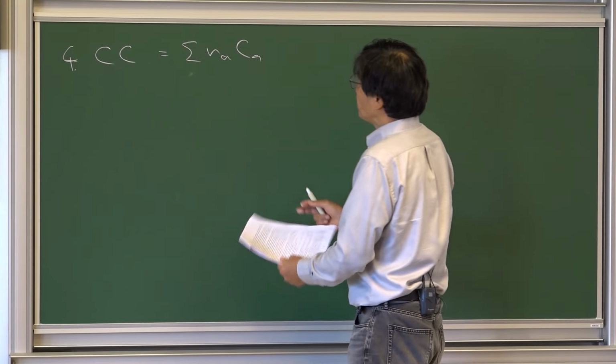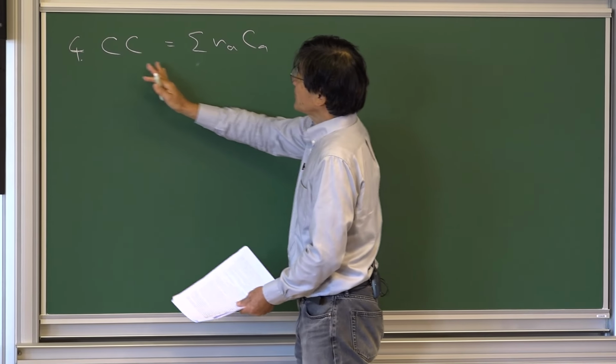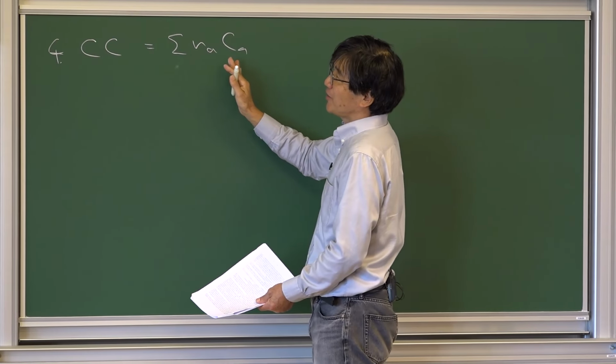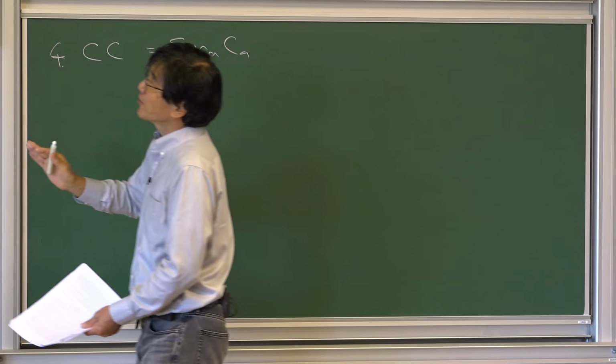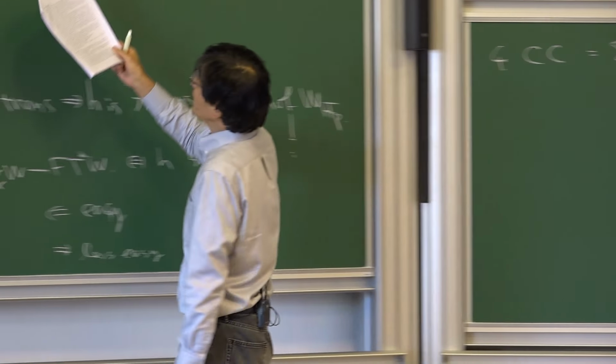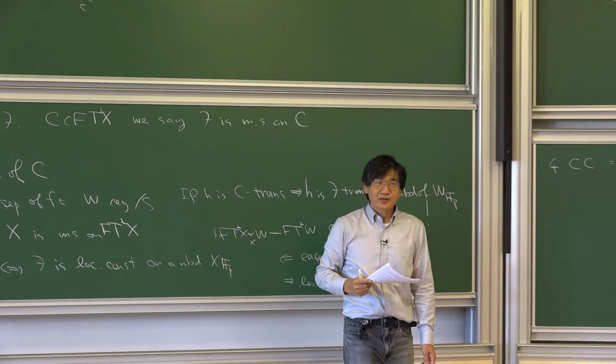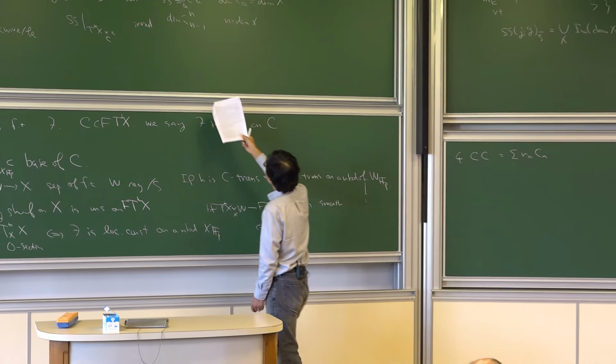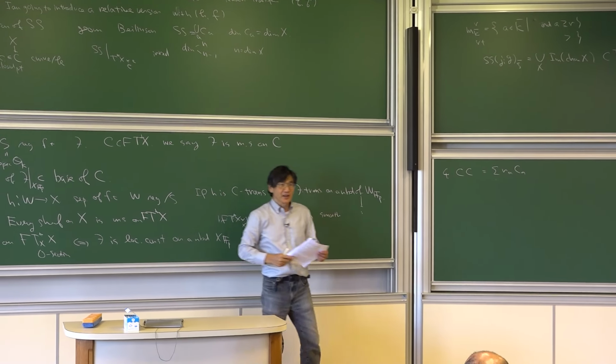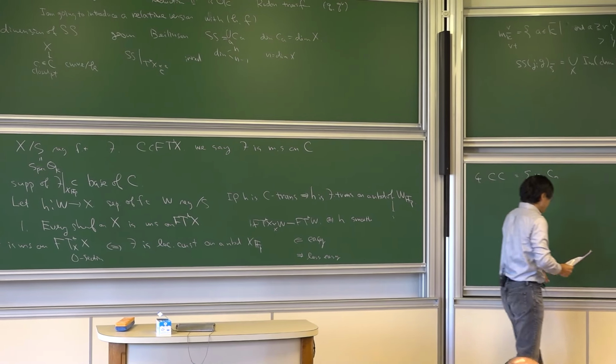Okay, so the characteristic cycle should be something like this, but it's not convenient to have two types of components. I don't like to have this dimension n-1 component.